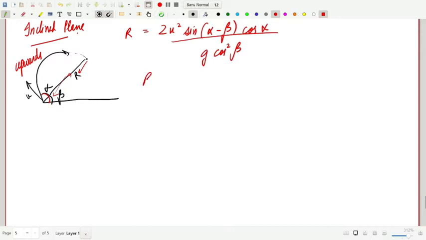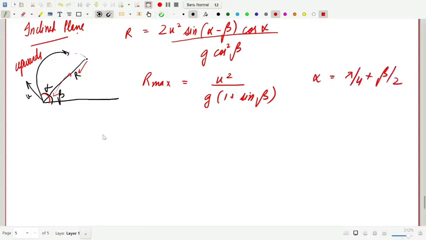Range maximum is u square over g into 1 plus sin beta, for alpha equal to pi by 4 plus beta by 2.